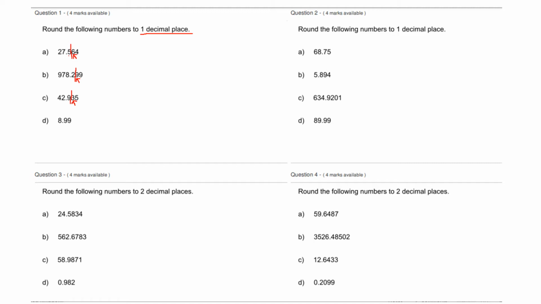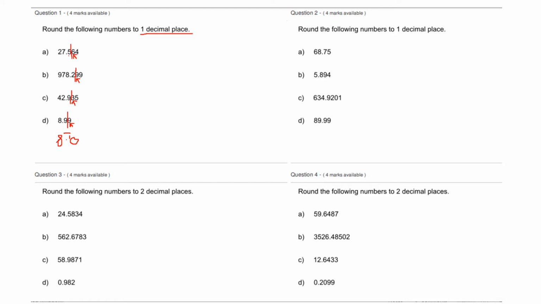And on this one, you have to be a little bit careful here. Because the digit we're going to have to round up is greater than 5, so we're going to have to round this one up. Because we can't round up to anything else, what you get is 8.10, which we can't have.